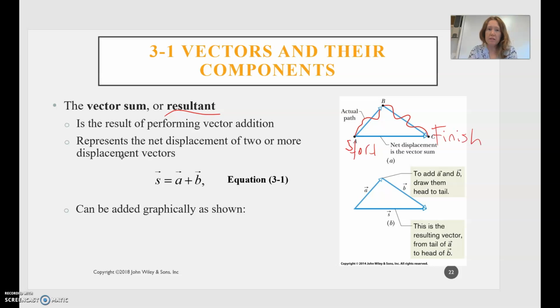Well, then the resultant of that displacement vector, the overall displacement from that journey, would just be a vector that goes straight from A to C. Okay? And so when you draw that vector, you always put its tail at the start and its head or arrow at the finish.